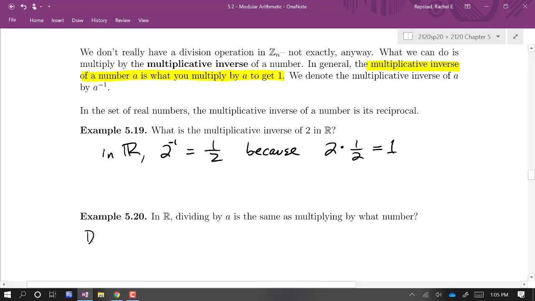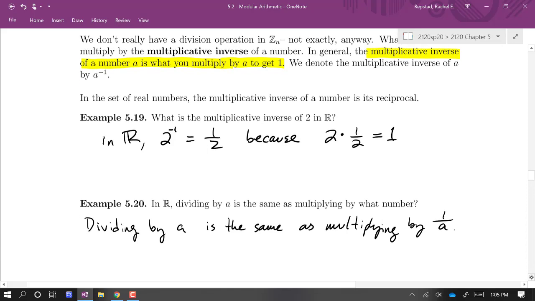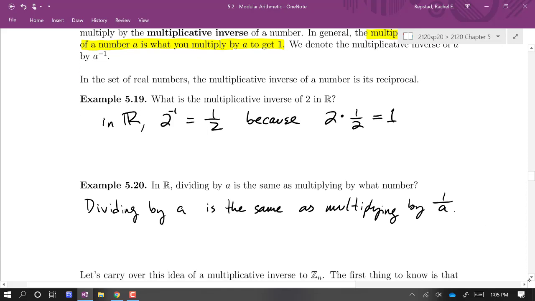So dividing by a is the same as multiplying by 1 over a. And that's as long as a is not 0. If a is 0, then it's not defined. So this is the same as saying that the multiplicative inverse of a is 1 over a.